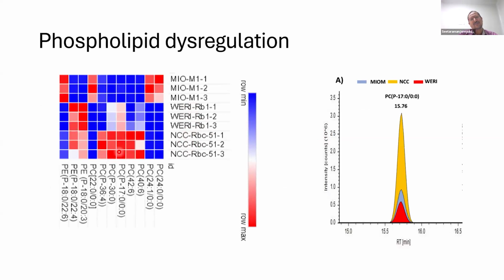In these phospholipids, we could see lysophospholipids with 24:0, 24:1, and also diacyl phosphocholine, and majorly plasmalogens. We could see plasmalogen phosphoethanolamines and also plasmalogen phosphocholines. All are upregulated. Most of the plasmalogens are upregulated in NCC and WERI also. So phospholipids are dysregulated in RB.